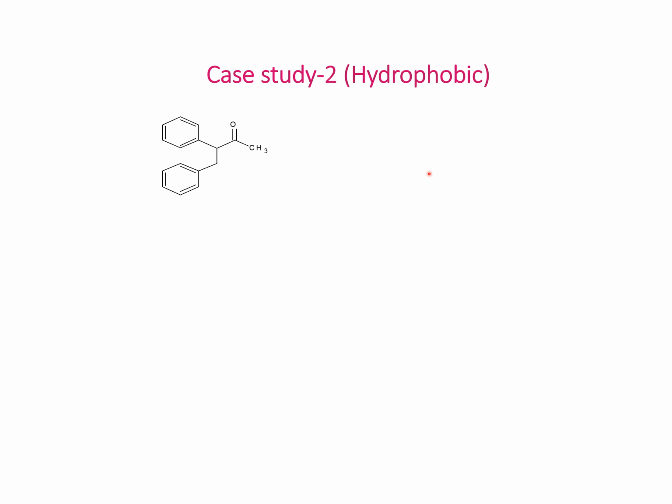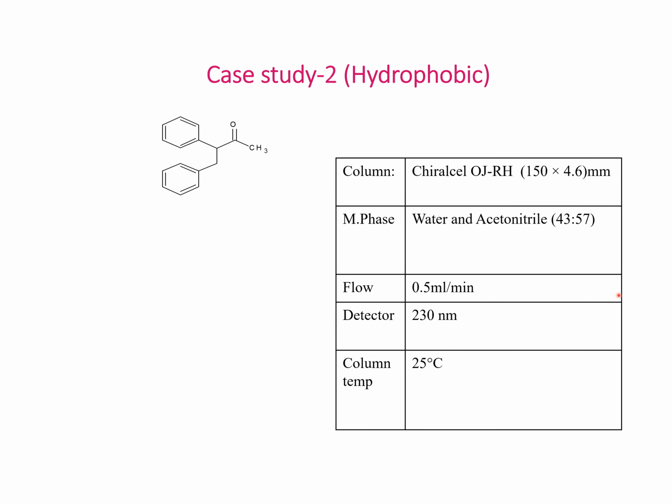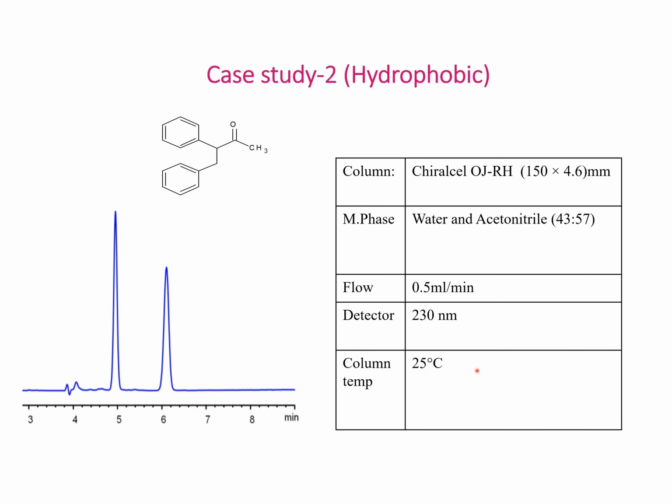Now see in which condition both isomers of this molecule are getting separated. In this chromatographic condition, using water and acetonitrile and the ester derivative phase as the stationary phase, there is very good separation between both isomers of this molecule.